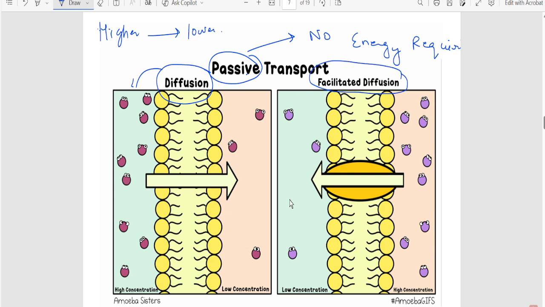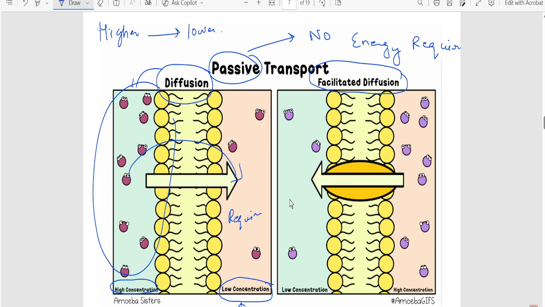Facilitated means, like here you can see, this side we have higher concentration and this side lower. So it will always go from highest to lowest, because the lower side requires more, and the higher side already has more.